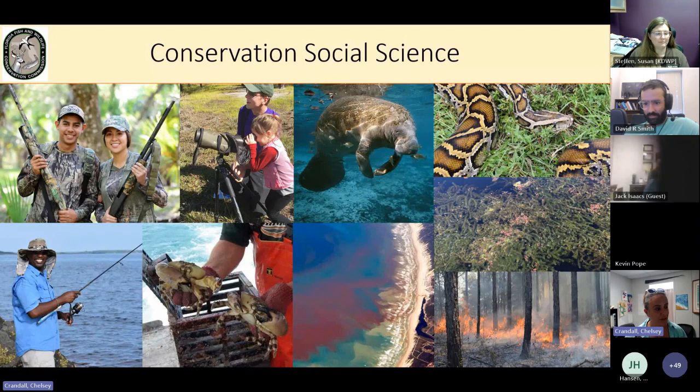We work with folks across the agency to apply social science, both to understanding the human dimensions of activities like fishing, hunting, and wildlife viewing, but also some of our really complex management topics, things like imperiled and dangerous species management, non-native pets, invasive species. We've got a lot of those here in Florida. Habitat management, things that happen like red tide and hurricanes, understanding the impacts and outcomes of those, and a whole lot more.